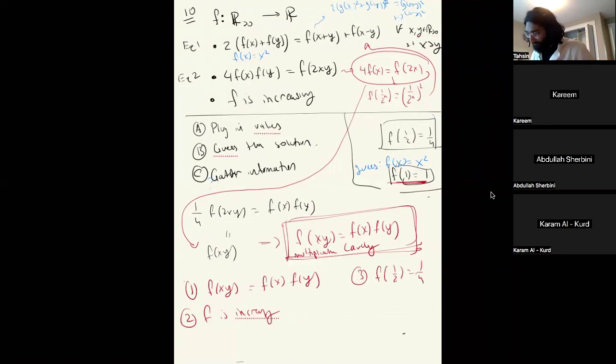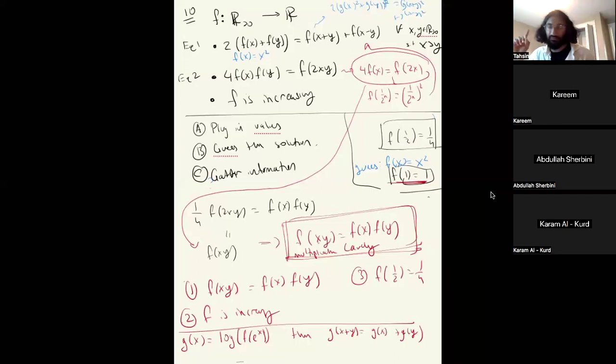So why are we done? The reason we're done is if we say g of x equals log of f of e to the x, then g of x plus y equals g of x plus g of y.